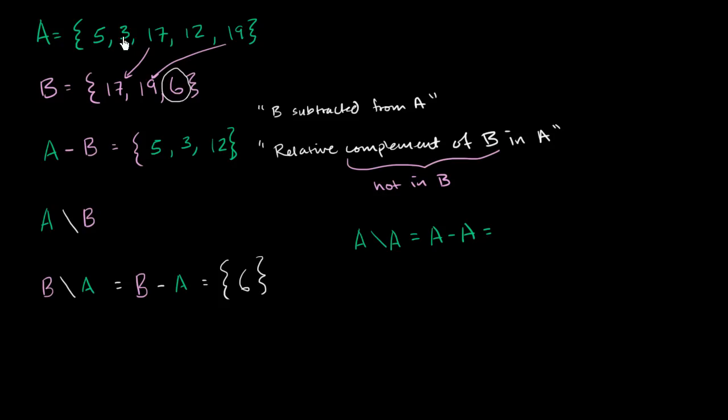There's a 3, but there's a 3 in set A, so I have to take the 3 out. So I'm going to take all of these things out. And so I'm just going to be left with the empty set. The empty set, often called the null set. And sometimes the notation for that will look like this. The null set, the empty set. It's a set that has absolutely no objects in it.